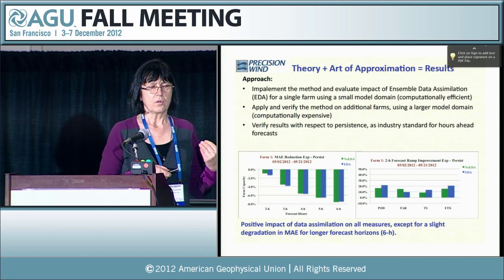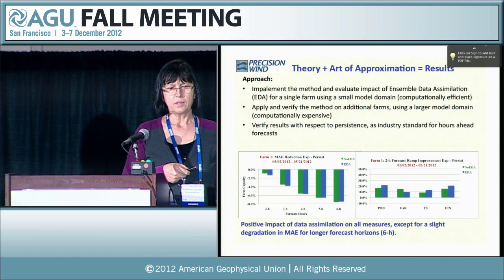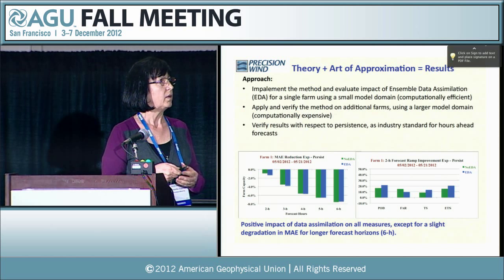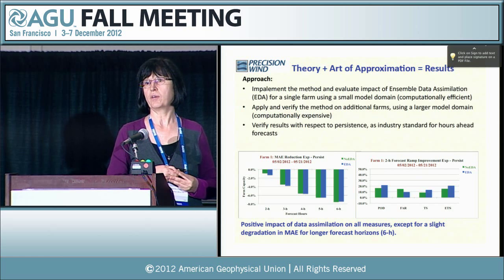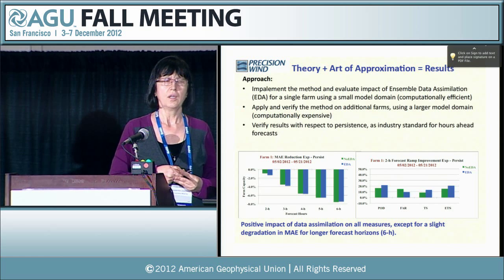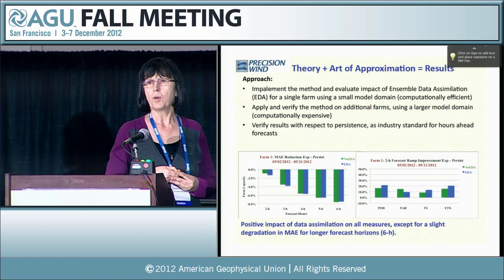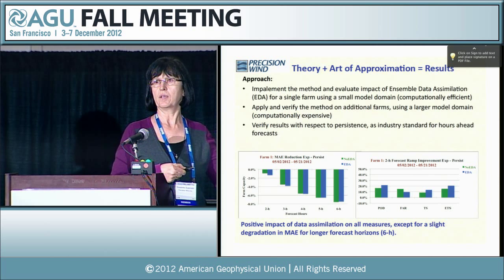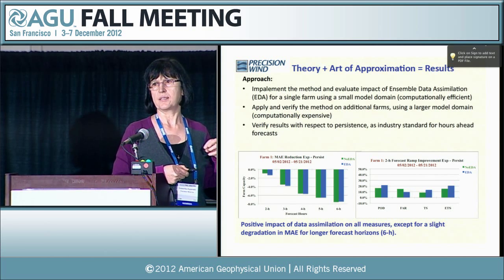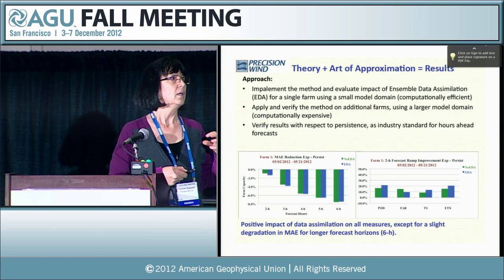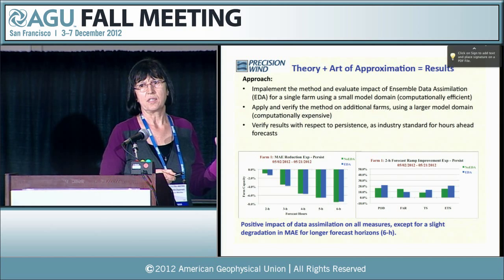So the approach that we took was to evaluate the impact of ensemble data assimilation using a small model domain, a geographically small domain, because that's computationally less expensive.